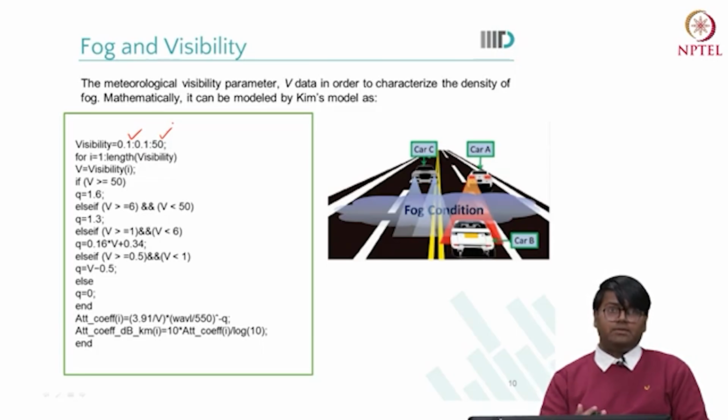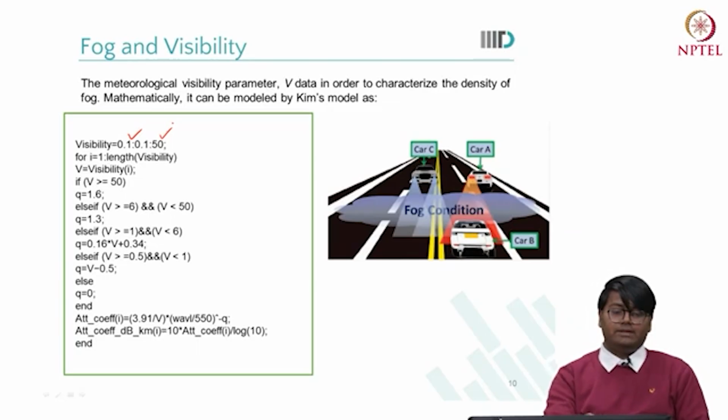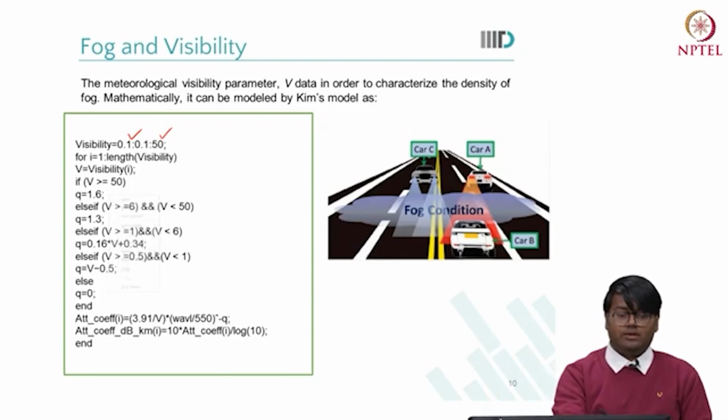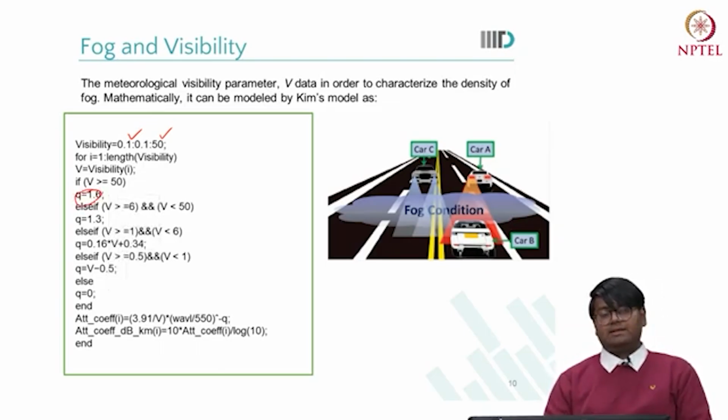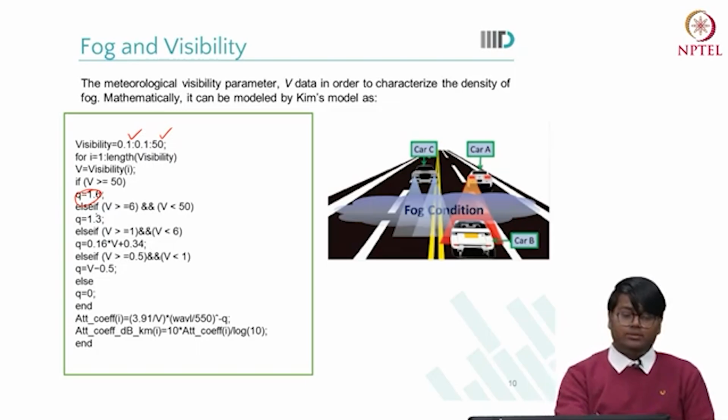For different visibility conditions, when your V is greater than 50, then delta is nothing but 1.6. Then if your V is greater than 6 and less than 50, then delta is 1.3.